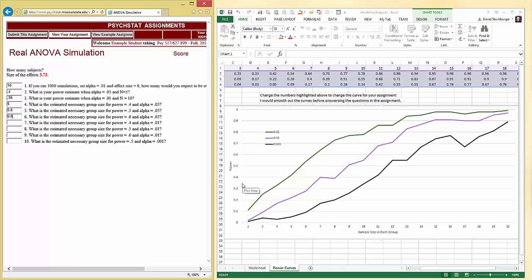Power equals 0.4, and now we're going to use the 0.01 line, which is this line. It's a little bit more jagged. 0.4, probably, let's just say 7. Power equals 0.5, and we're getting to 0.01, and we're probably right about here, 8.8.